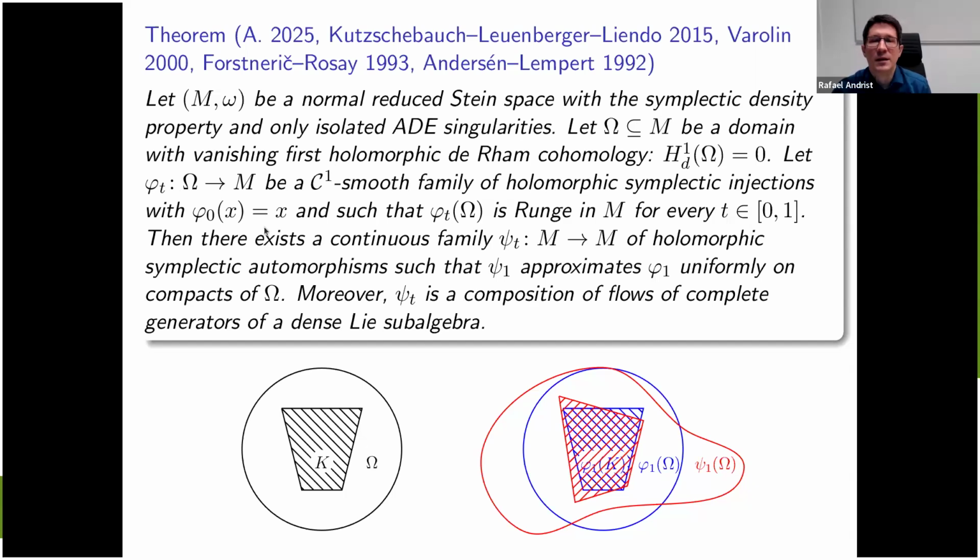And then it will tell me that this automorphism that I started with can be approximated by flows of complete generators of this dense Lie subalgebra. So it means I will get an approximation result for the automorphism. And I will know, okay, if I know the generators of this Lie subalgebra, I know I can write any automorphism as a limit of compositions of those, as long as the automorphism is in the identity component.